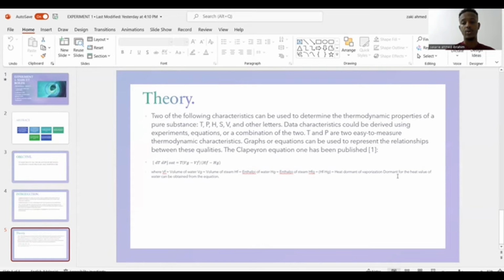The latent heat value of water can be obtained from the equation. So that's it, and thank you very much, all of you.